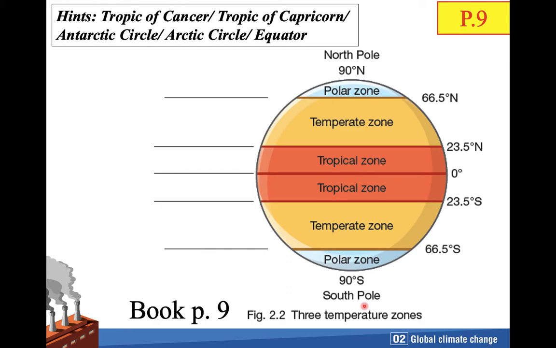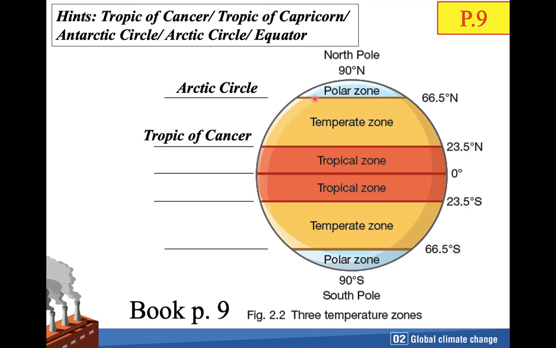And in here, actually you have learned this term in chapter 1.5, so just a very quick revision. For the polar zone, the north polar zone, at 66.5 degrees north, we call this the Arctic Circle.